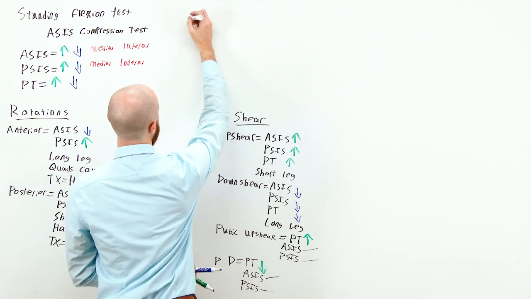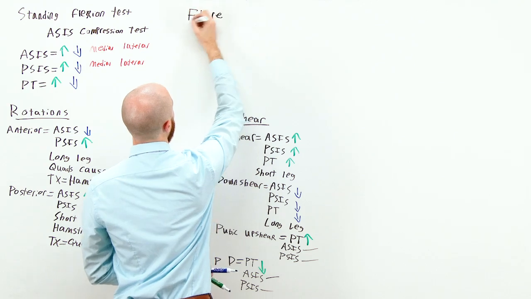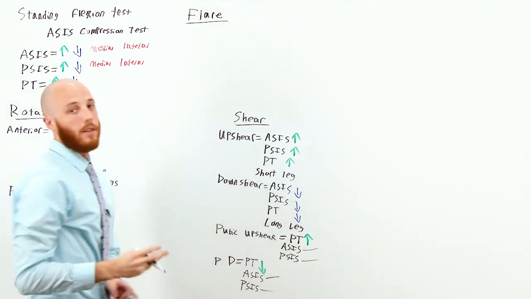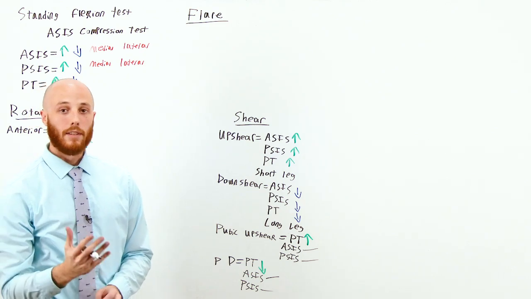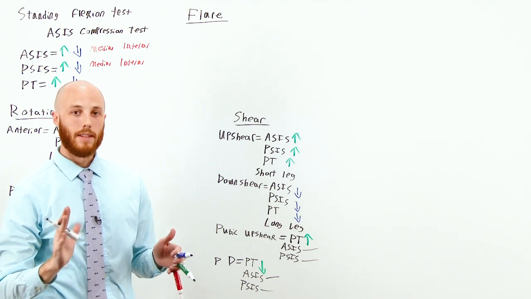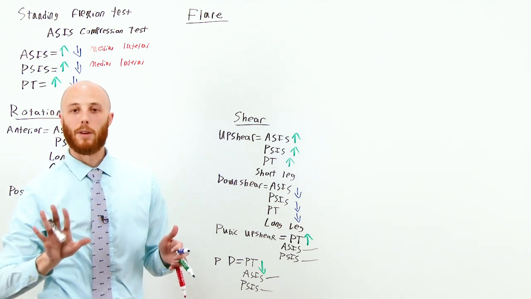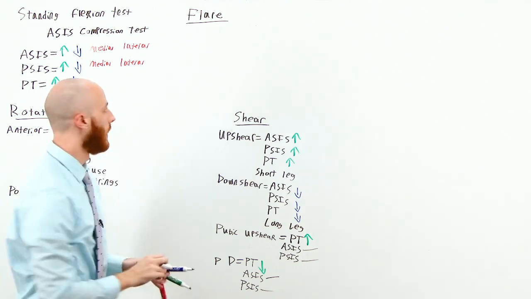And the last type of dysfunction that you can have in the innominate is a flare. There are two types. You can either have an in flare or an out flare. That means that one innominate bone is either tilted more inward as an in flare or tilted more outward as an out flare.